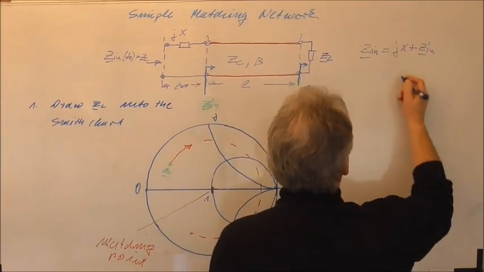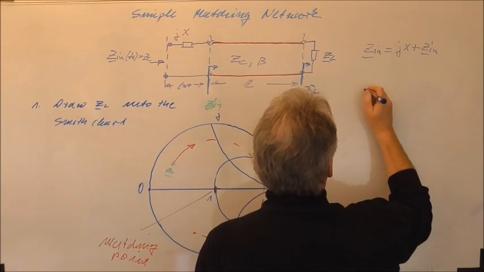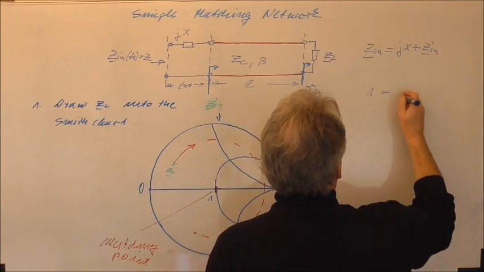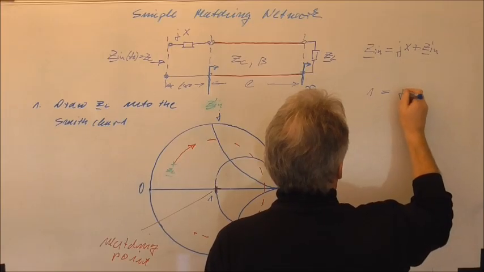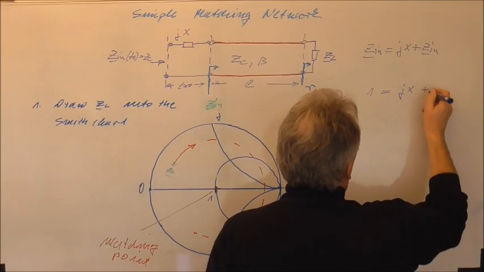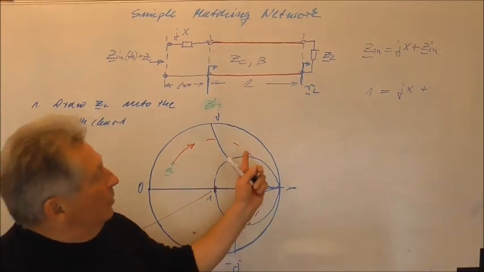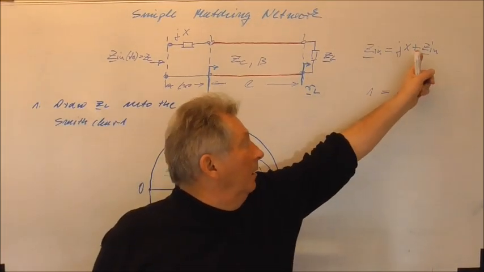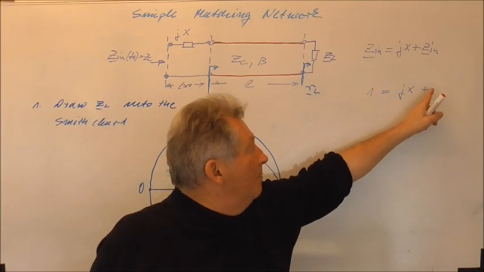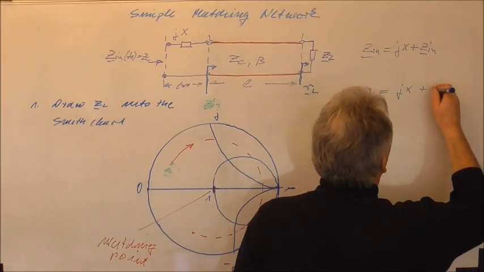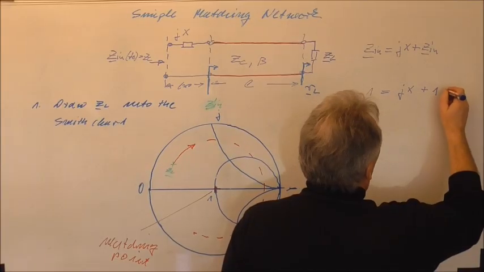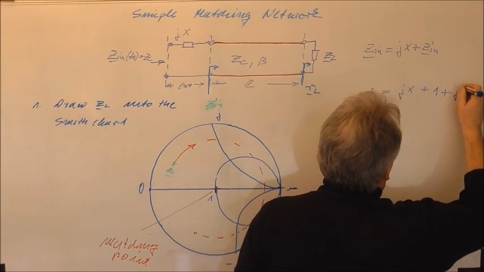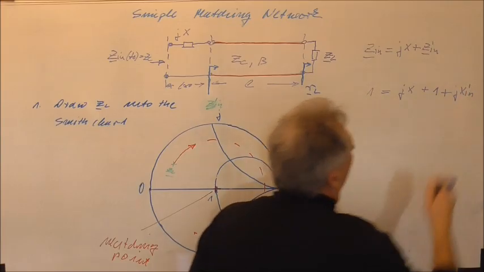So perhaps I can ask you again. You see here, if I say these are normalized impedances, so we want to be here, so one must be somehow jx plus, and we know that we cannot change the real part, so we must already here have the real part plus j something x prime.